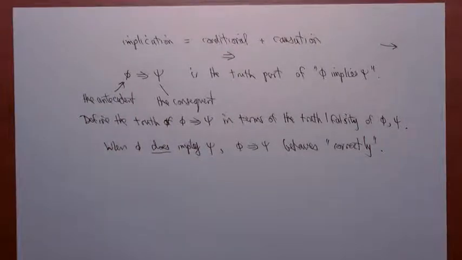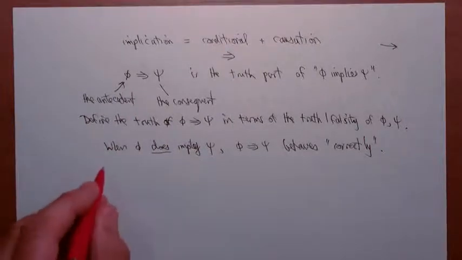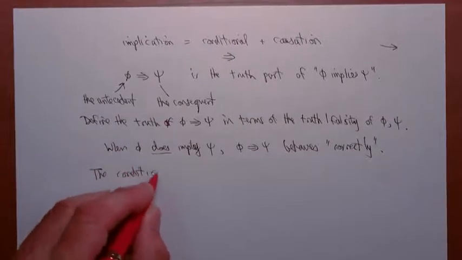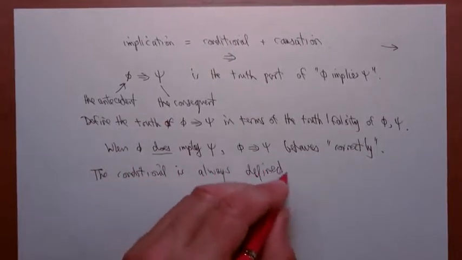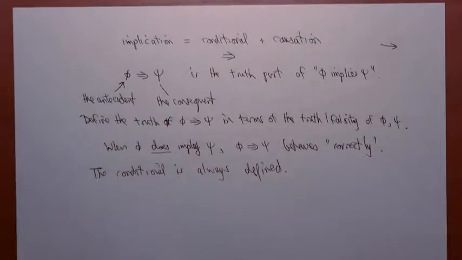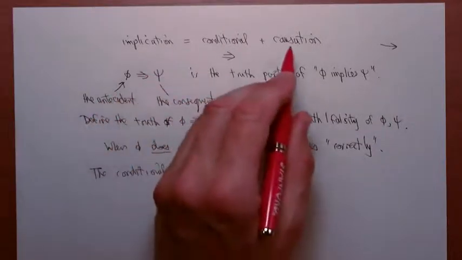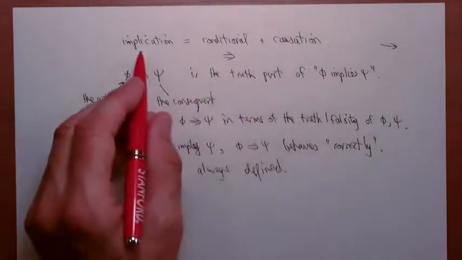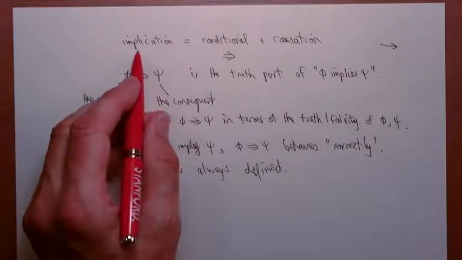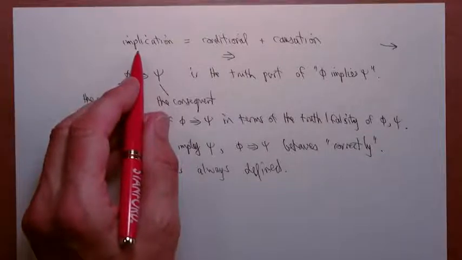The advantage is that a conditional is always defined. For real implication, you've got that issue of causation. The square root of 2 and the 0 less than 1 example. The truth or falsity wasn't the issue. It was whether there was a relationship between those two statements. Well, that's a complicated issue.